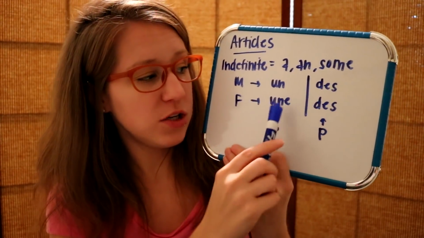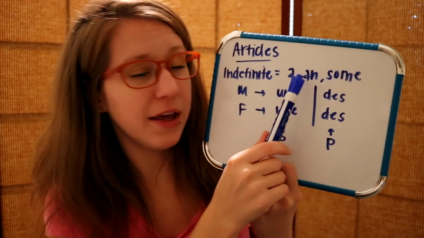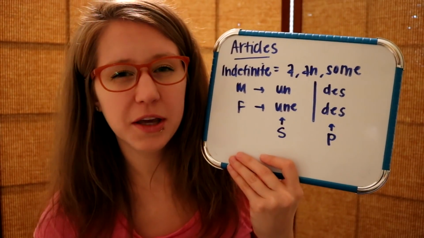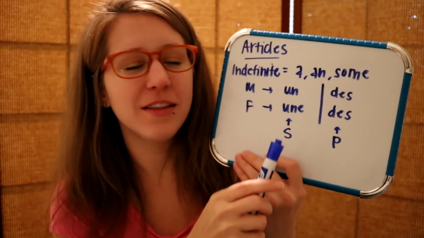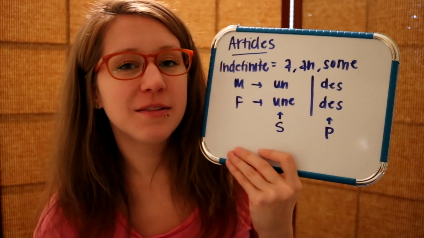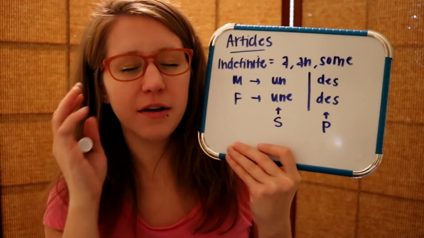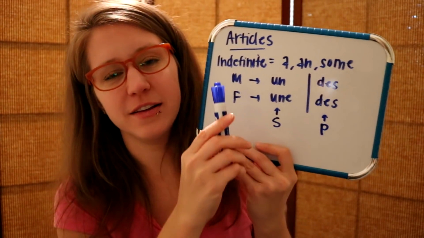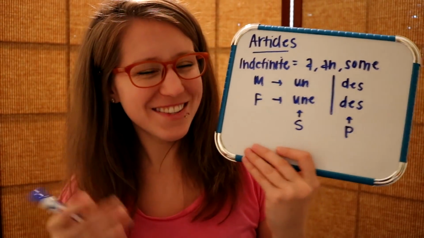So each of these 4 words is substituted for a, an, or some, which I know can be confusing because it's like, how do we have one word that means 3 different words? But that's just the way that it is in French. You can kind of think of it as simplified. You don't need 3 different words, you only need 1 word. So that's sort of a bonus.